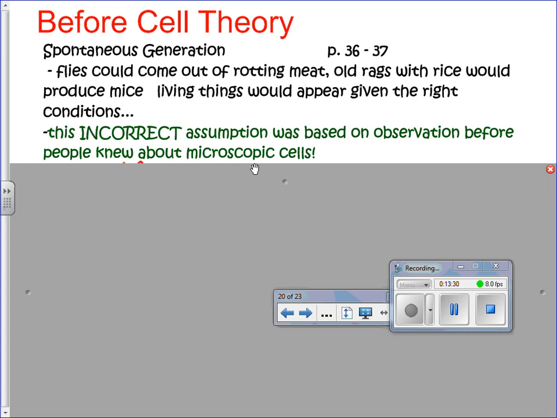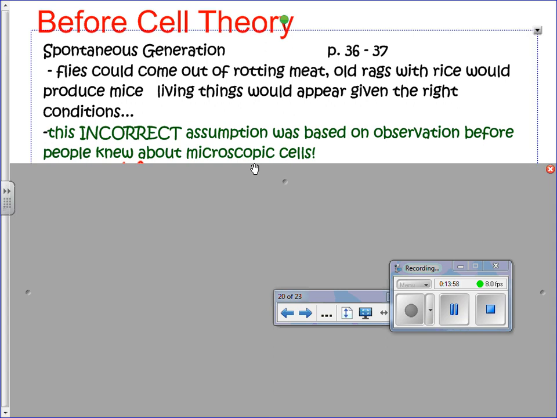And on one hand, this sounds absolutely ludicrous to us because, of course, it doesn't just magically come out of things. However, if you've ever in your kitchen had some fruit that gets a little too ripe, an orange, a banana, all of a sudden these fruit flies just come out of nowhere, and they're so annoying. But things like that happen, and it makes me understand a little bit about how they thought spontaneous generation could have happened.